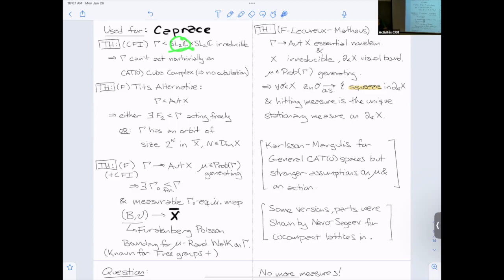And so that basically means you can't do that. So anytime you have an irreducible lattice where the ambient groups have finitely many components, then you get this theorem. I just chose SL2C as an example.